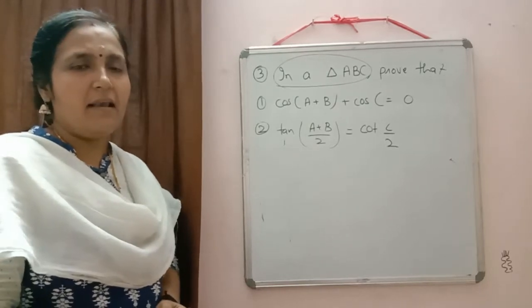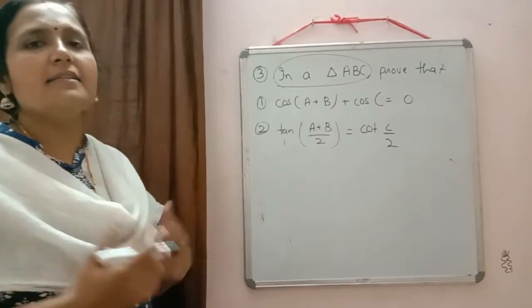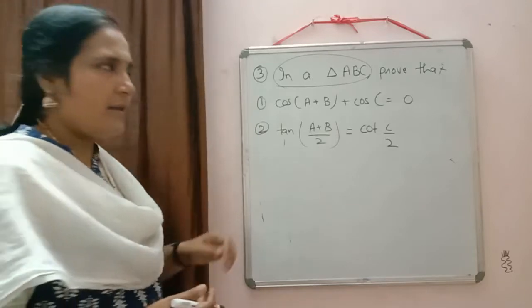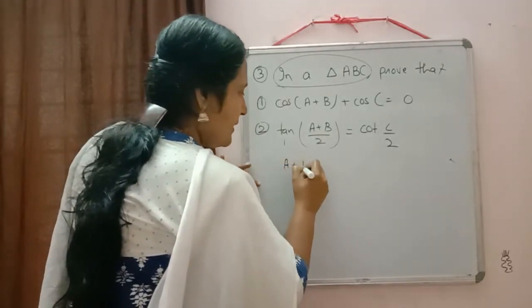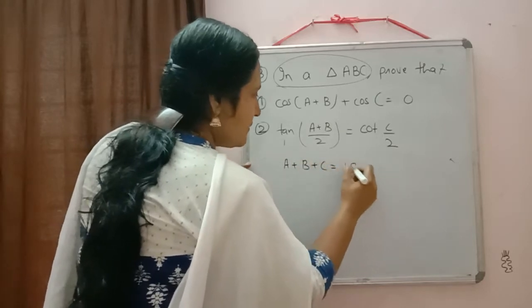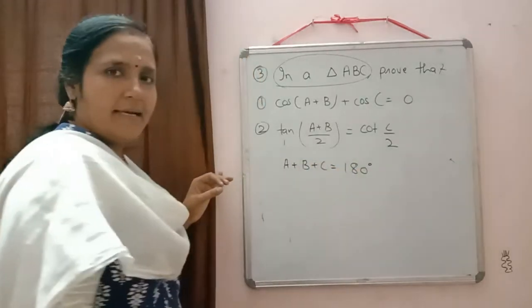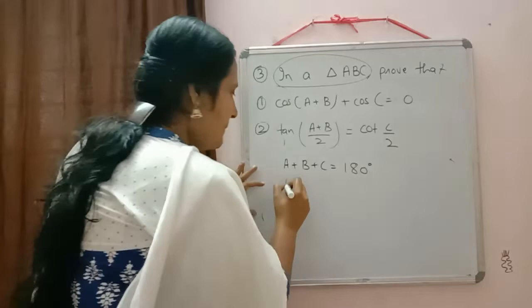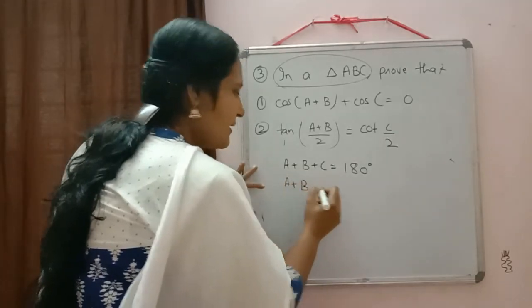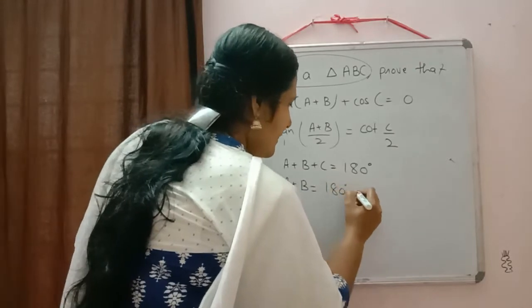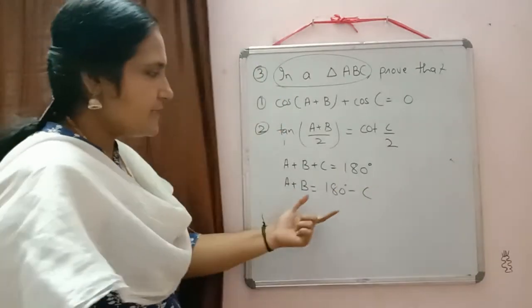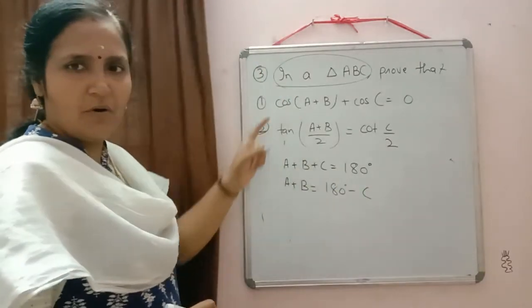Obviously, the angle sum property of a triangle. And we know the angle sum property of a triangle is A plus B plus C is equal to 180 degree. So from here, how can we rewrite A plus B? A plus B can be written as 180 degree minus C. This is the concept we are going to use to prove this.